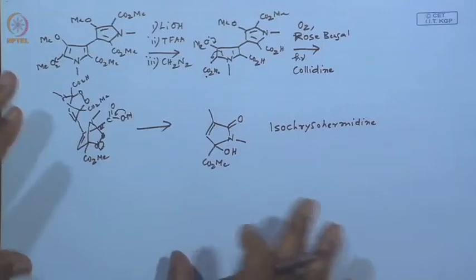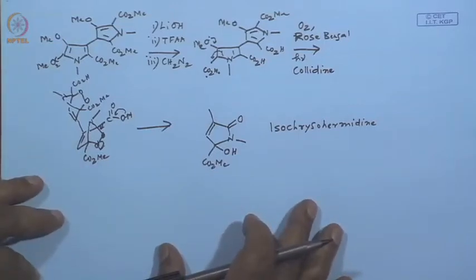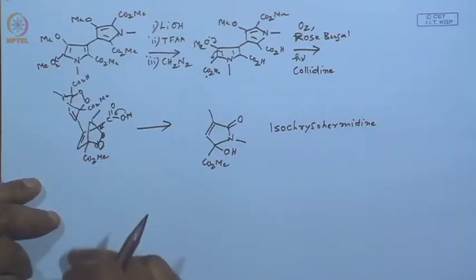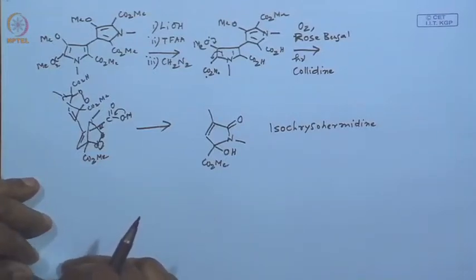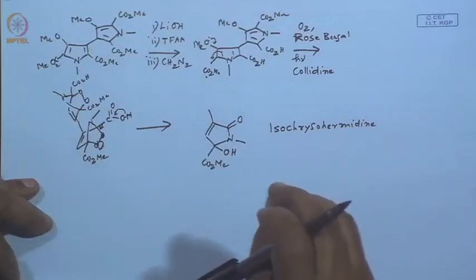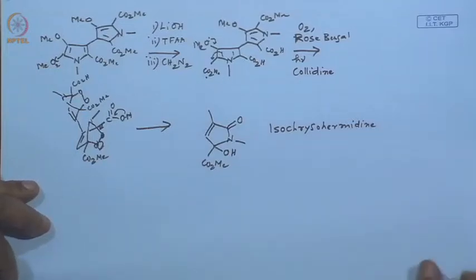So, all this is about singlet oxygen, but I have not got the answer yet. What is the driving force for these fragmentations? I am still waiting for the answer. Whenever you write a reaction in the forward direction, you have to keep it in mind. Now we are at the advanced level, we have to know the reaction mechanism.